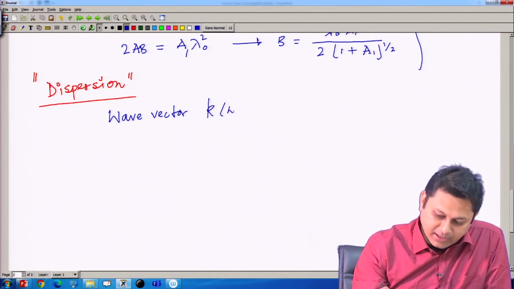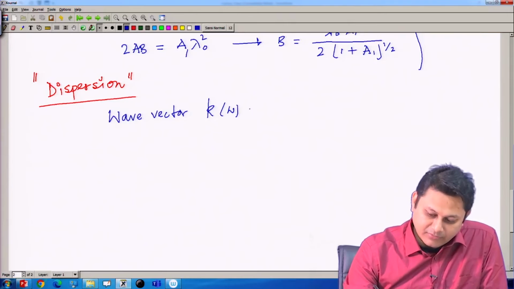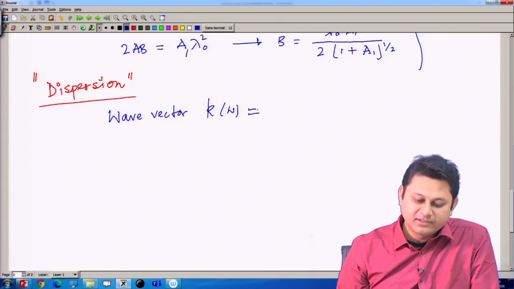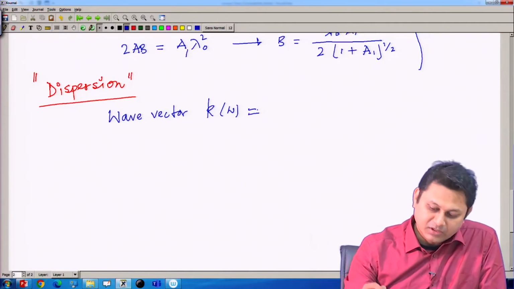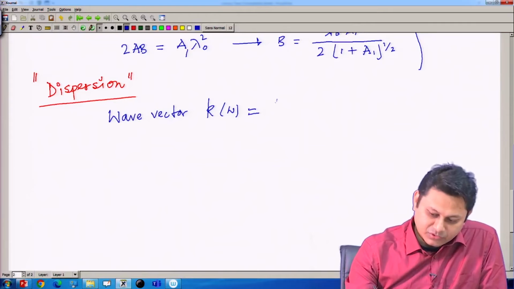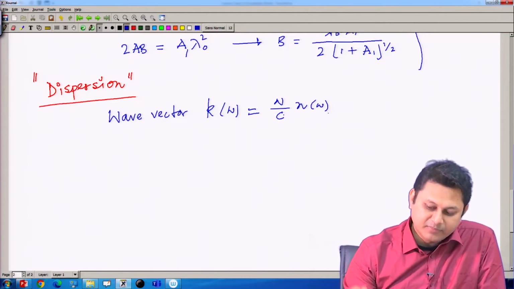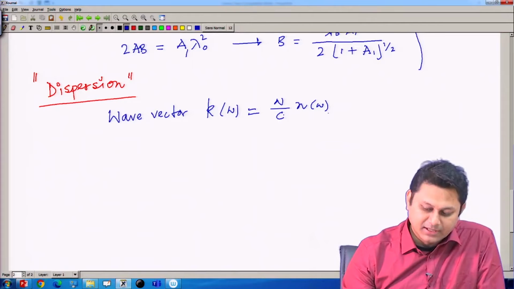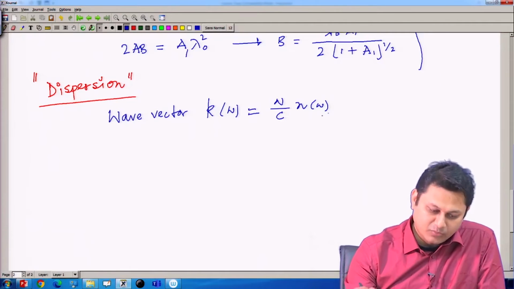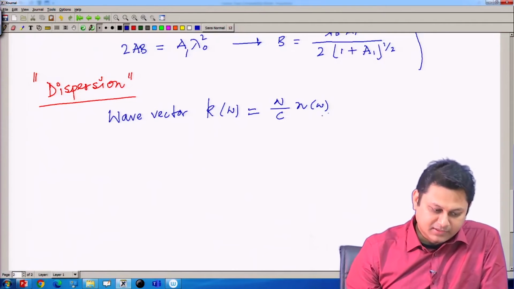The wave vector k is essentially a function of frequency, and that is the main reason to have the dispersion. So, k should be written in this way. k is omega divided by c multiplied by n omega, where n omega is the refractive index.